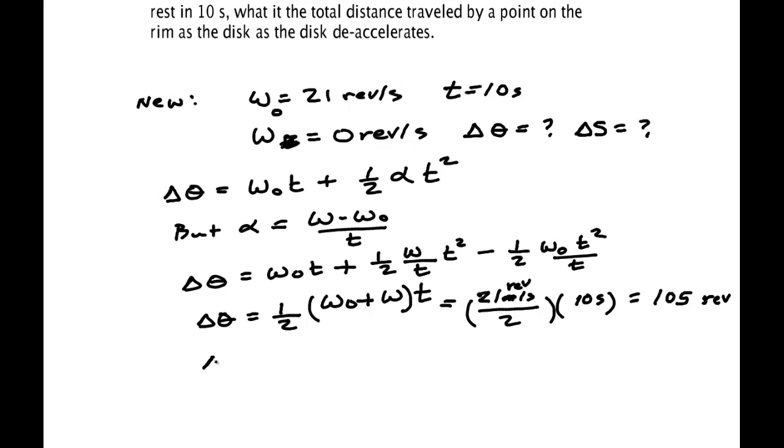Now I need to convert that to rads. So delta theta is 105 revolutions times 2 pi rad per 1 revolution. Put that together. You need a calculator, of course, to do this calculation.